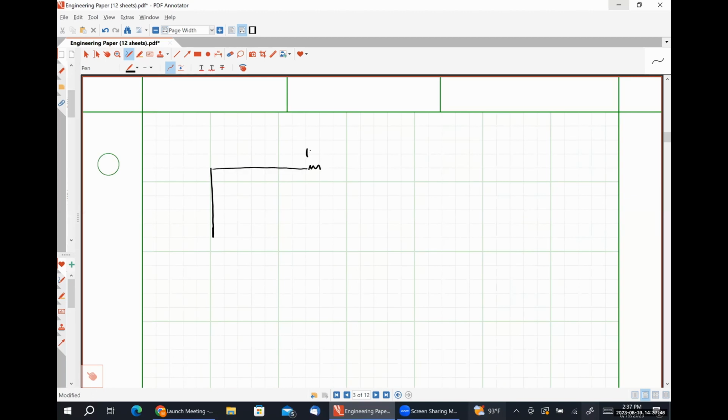This is going to be a 10 ohm resistor up top. I'm going to put a 3 ohm resistor here. We'll put a 5 amp source here, and it's going to be in series with a 2 ohm resistor. We're going to have a 4 ohm resistor over here.